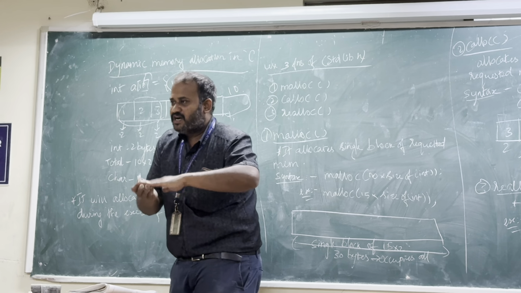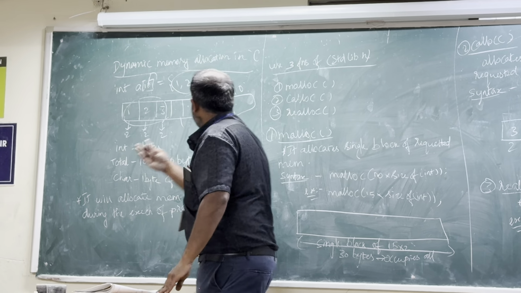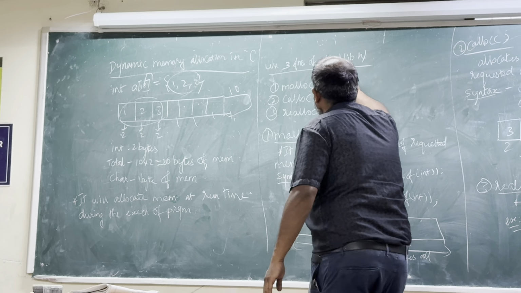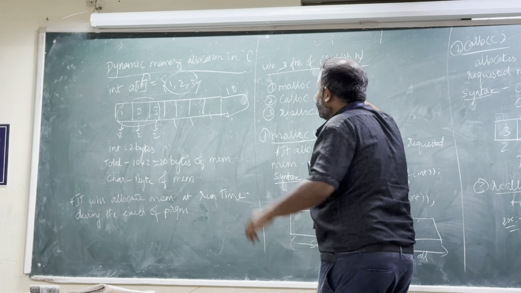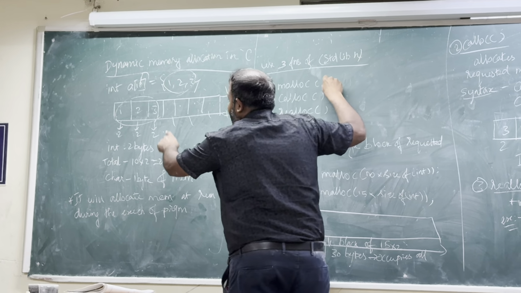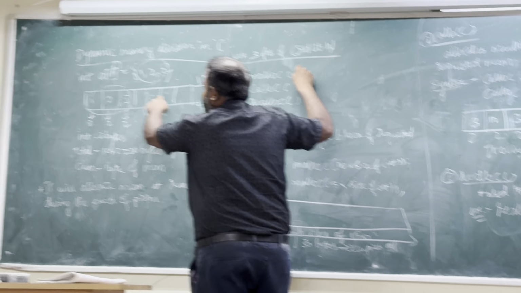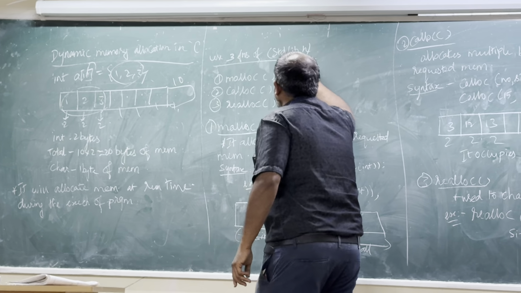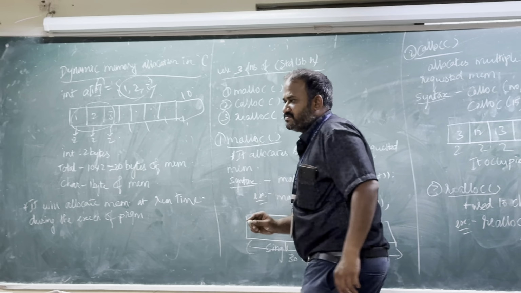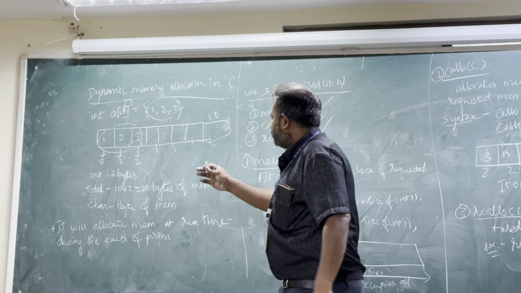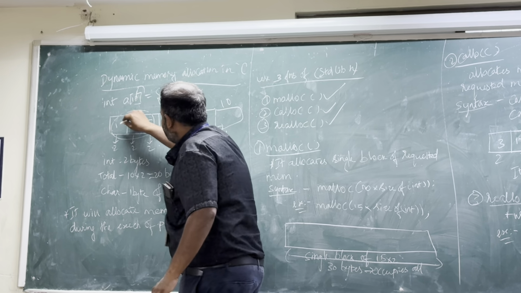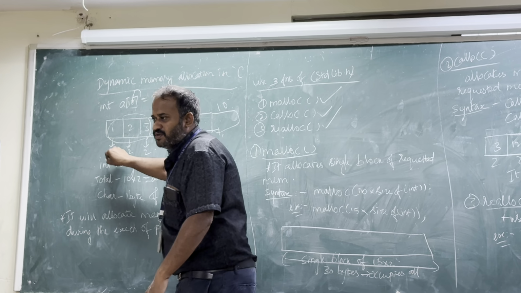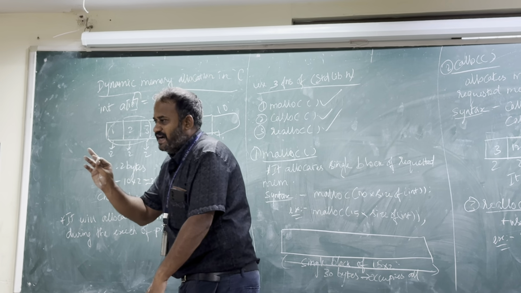In order to overcome this, we are introducing 3 functions, to avoid the wastage of resources. They are malloc, calloc and realloc. Before going to that, do you know the byte value of an integer? One integer is 2 bytes.